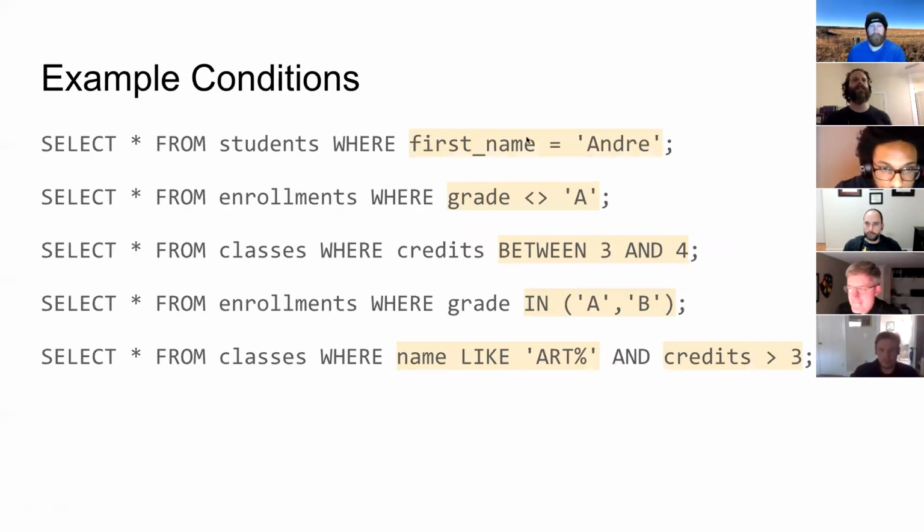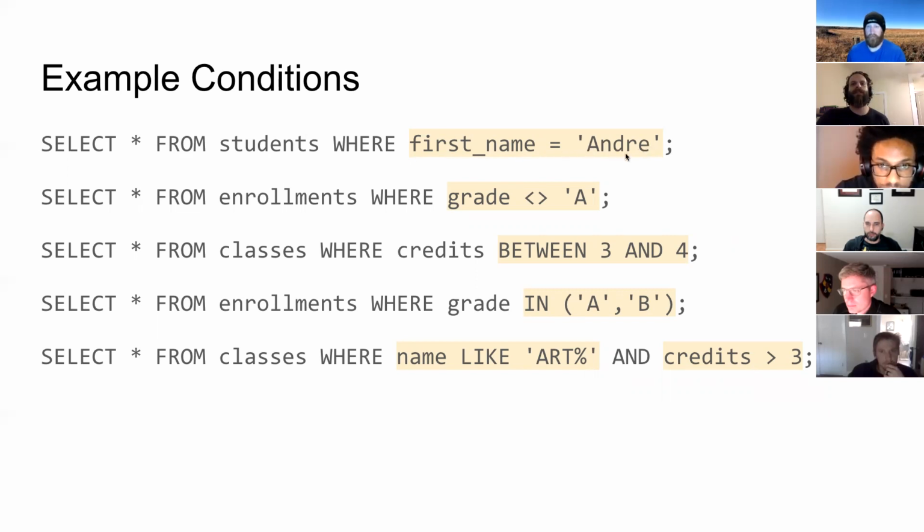Here are some examples. So select the values from all of the columns from students, where the first name, first name is a column name, where first name is Andre.